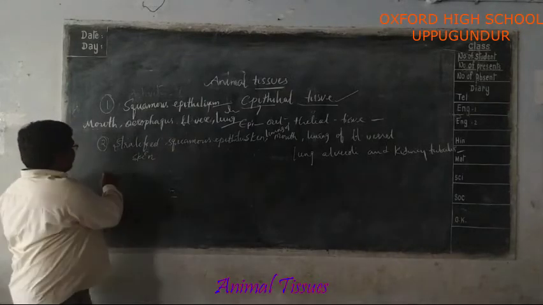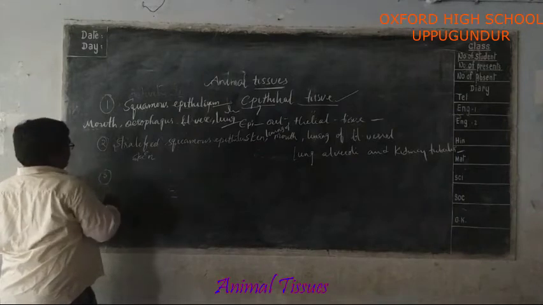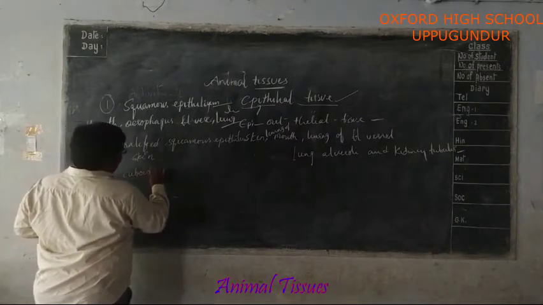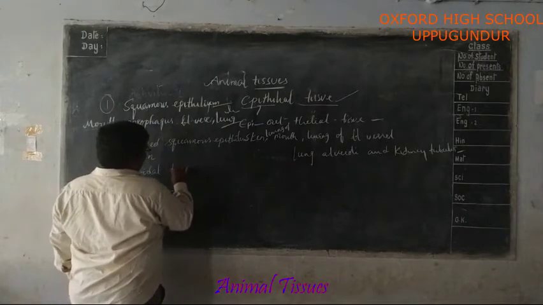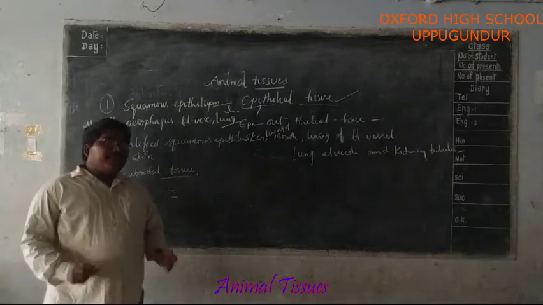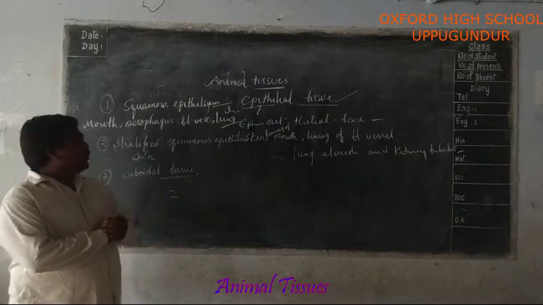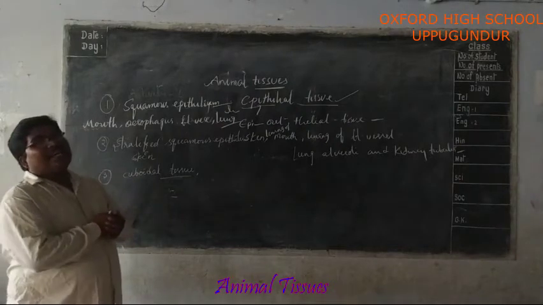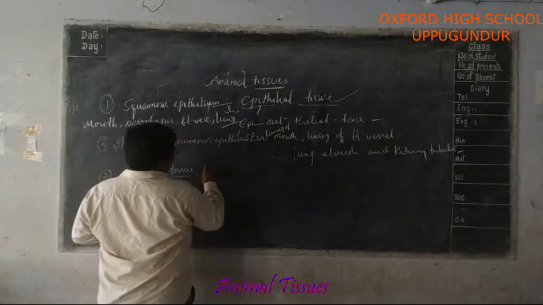And the third type of tissue is cuboidal tissue. Cuboidal tissue is a type of epithelium tissue. It forms the linings on the kidney tubules.